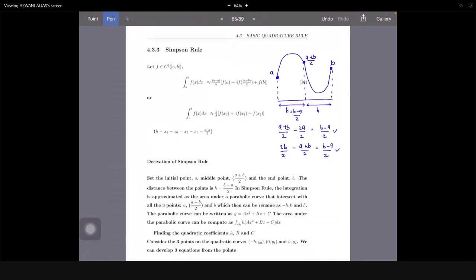Faham tak dapat macam mana? H. Okay. So H tu adalah the distance. Here adalah point ni, middle point tolak dengan A, you akan dapat B minus A over 2. Dan untuk yang ni pun, B minus dengan middle point, you still akan dapat the same point. Okay, that's why dia kata the distance between points adalah H, which is B minus A divided by 2.